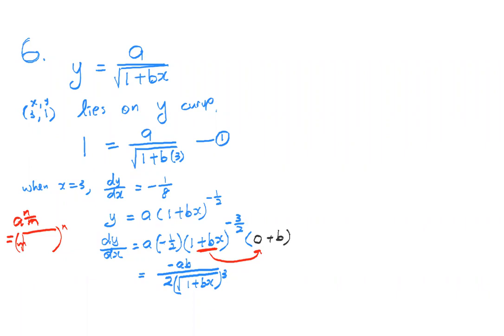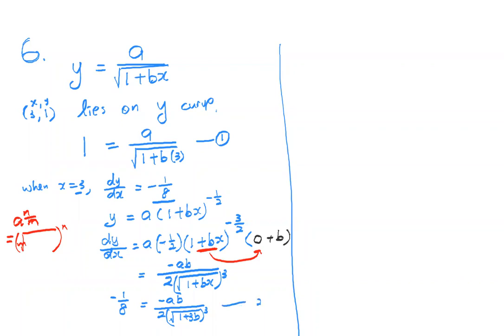Okay, so now I put in x equal to 3, dy/dx equal to negative 1 over 8. So negative 1 over 8 equal to negative a times b over 2 times square root of (1 plus 3b), the whole thing cube. Okay, so this is equation 2.